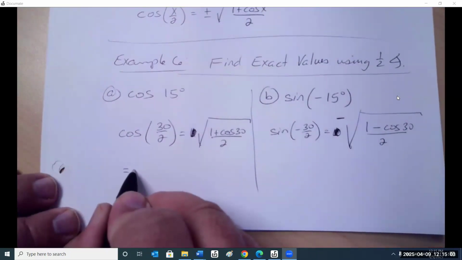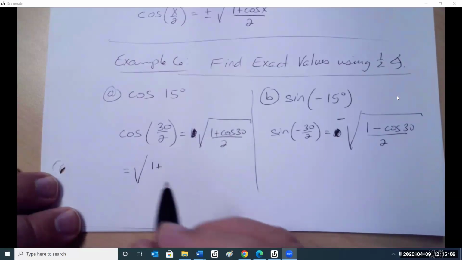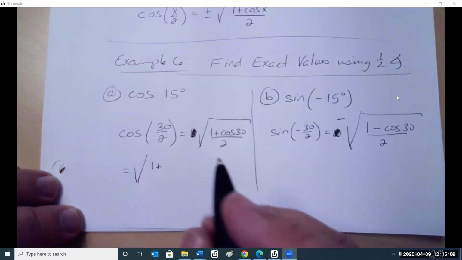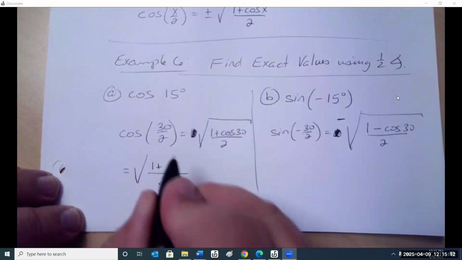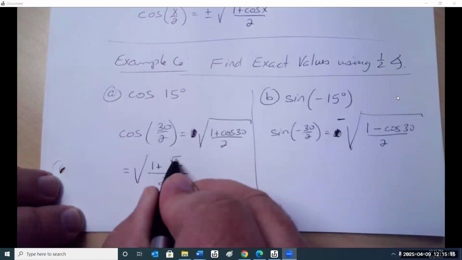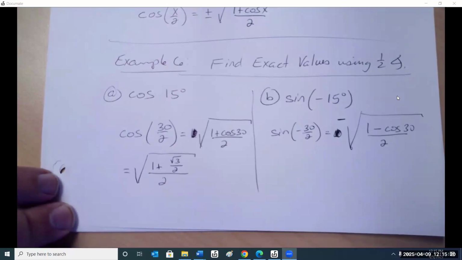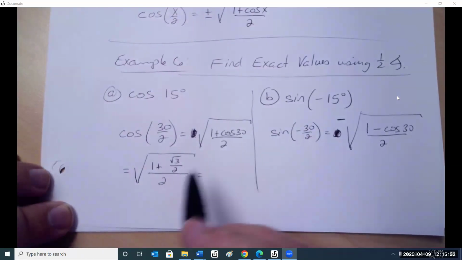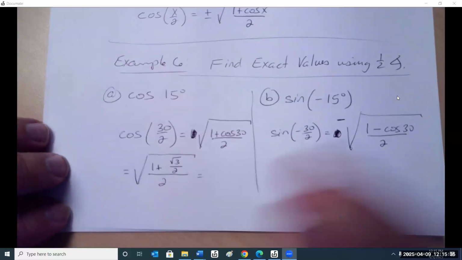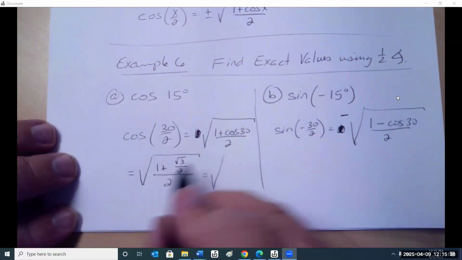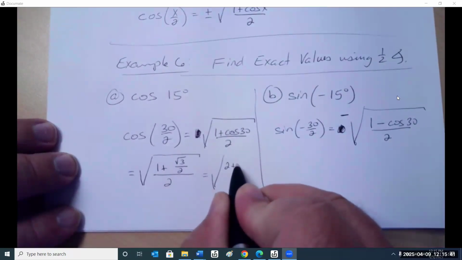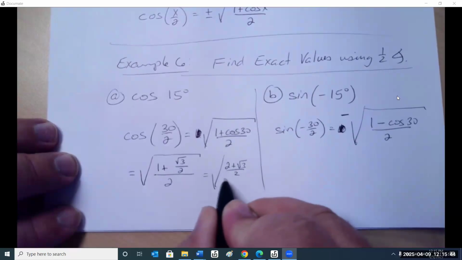All right, so now let's work inside there. What is cosine of 30 degrees? Square root of 3 over 2. Now, how do we fix this? So this is going to be (2 plus radical 3 over 2) over 2.